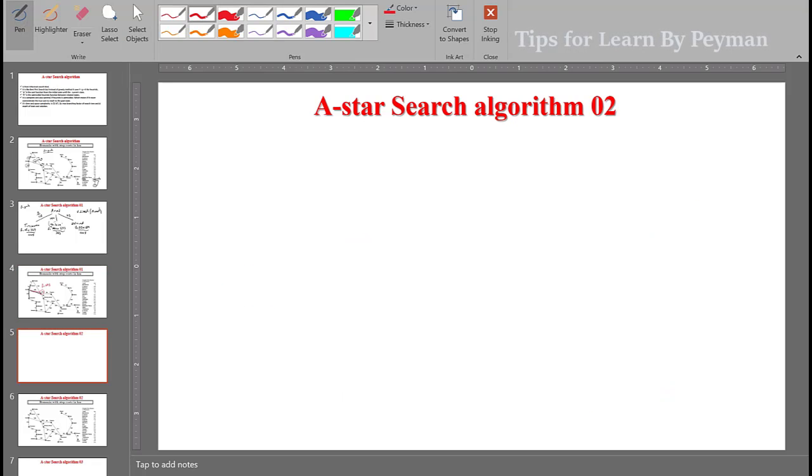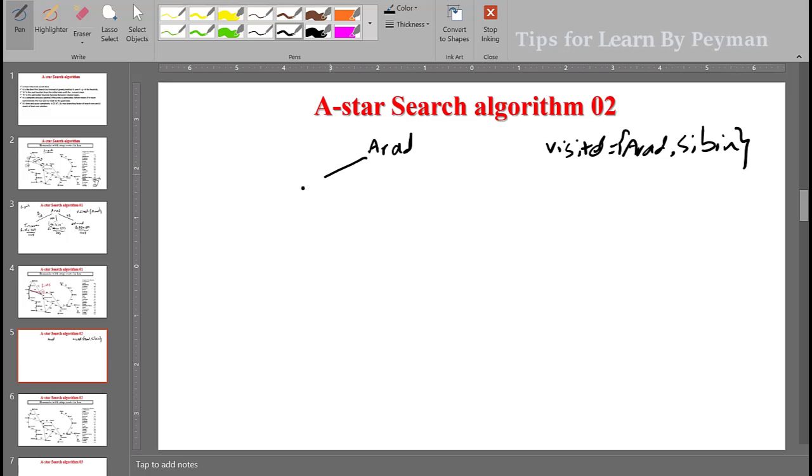So here we have Arad in the root. We visited Arad, then Sibiu. I open this Timisoara. We have Sibiu here. We have Zerind here.